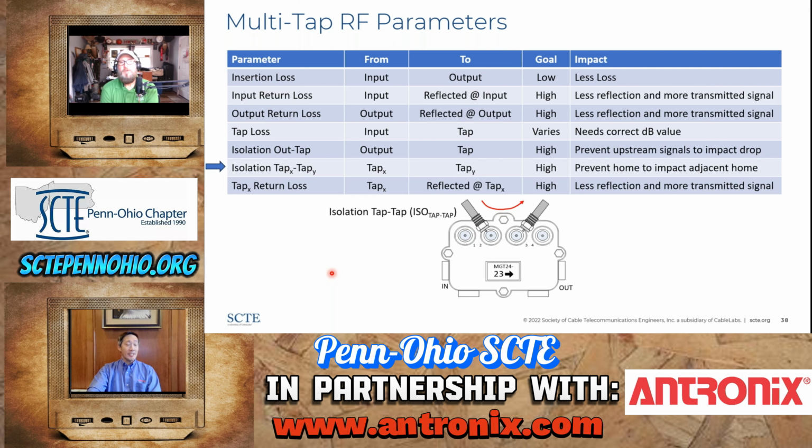Yes, correct. What that means is if there were 20 dB of noise being fed from a premise back towards the tap, the tap itself would inhibit about 25 dB worth of energy from that port and prevent it from being transmitted back to the other port.